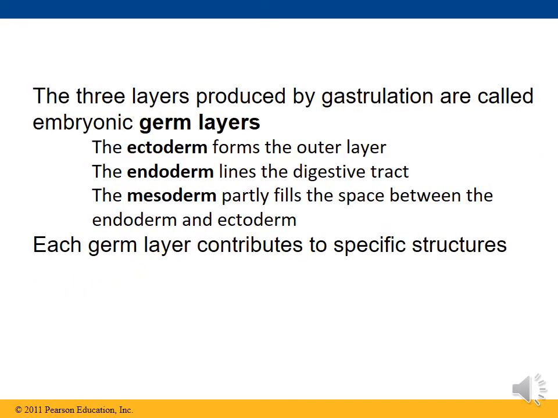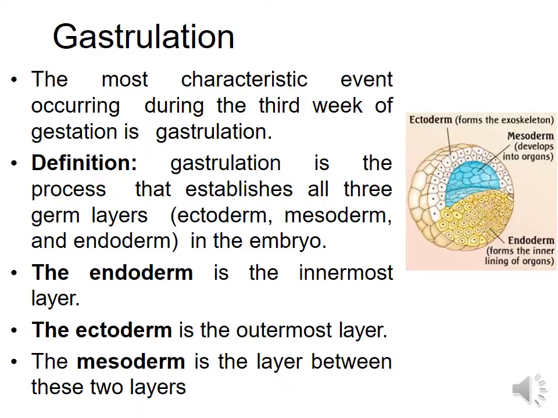The 3 layers produced by gastrulation are named the embryonic germ layers: the ectoderm, endoderm, and mesoderm, which lies between both layers. Each germ layer contributes to specific structures. Now, gastrulation is the most characteristic event occurring during the 3rd week of gestation.